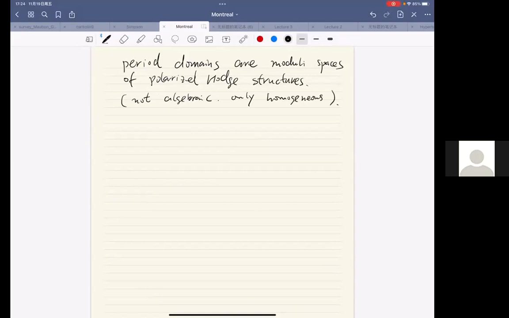But we can say something about them. They are really a generalization of bounded symmetric domains, because quotients of bounded symmetric domains can also be realized as the moduli space of some polarized Hodge structures.